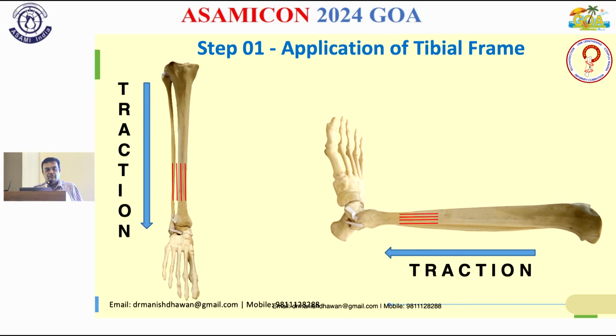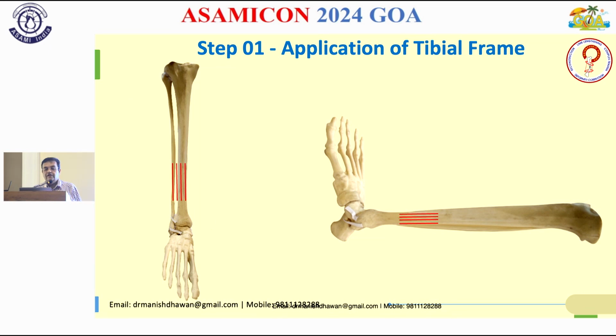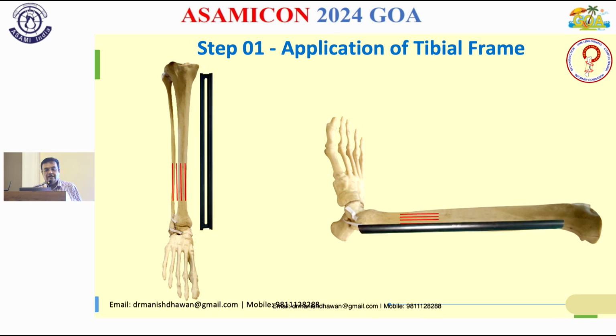Then once the fracture is distracted, you put the rail there, and there are templates available. The white thing is the template. Because LRS is a stiff fixator, the pins are thick, so it has to be very precise. So always use a template. You put the sleeve.